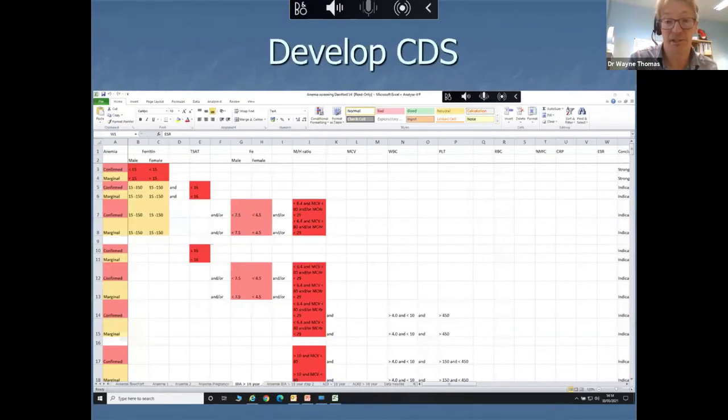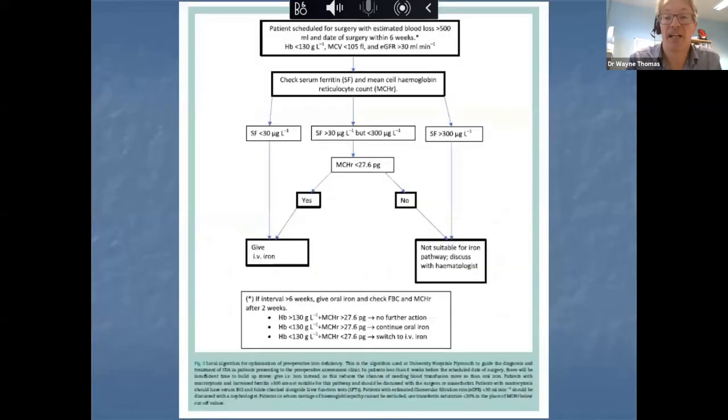And this is just the example of the Excel spreadsheet using male and female, using MCH, all of those kinds of things to eventually say, this is the likelihood, or this is less likely than something else. So an exciting development, and hopefully one that you will see in your own laboratories in the future.